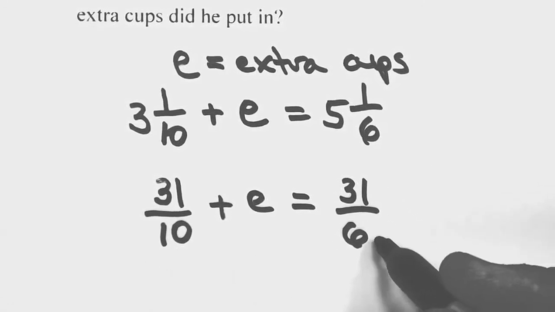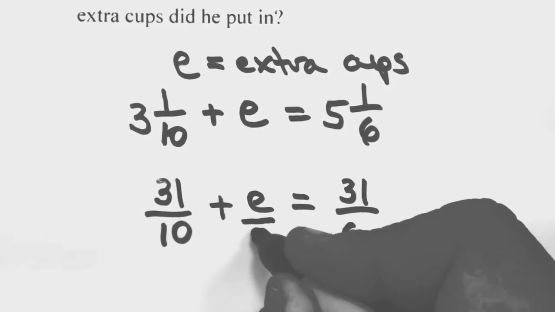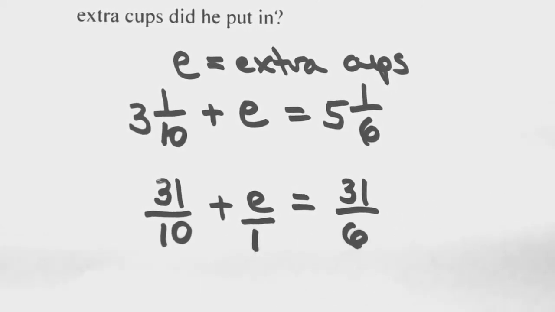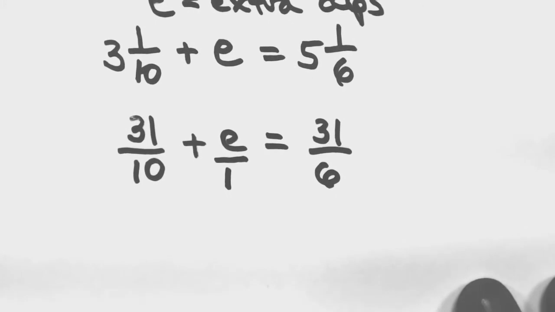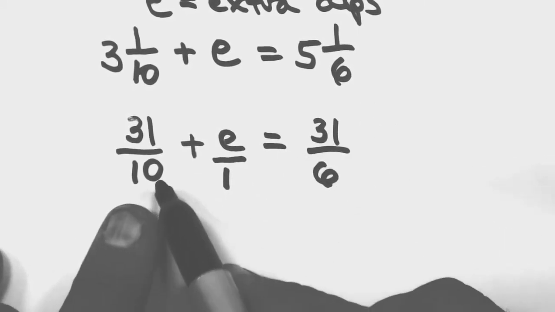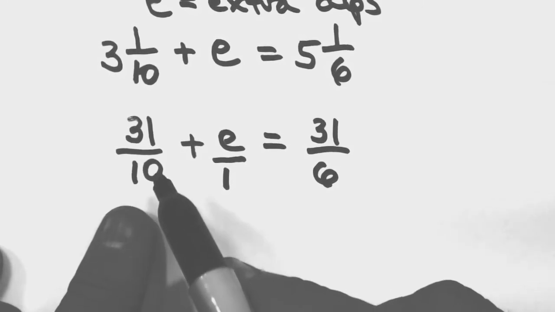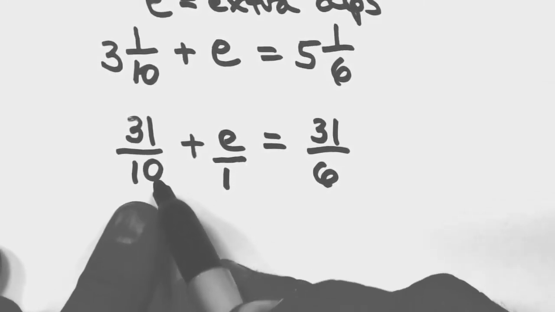Now, we have different denominators here. I'll make a fraction out of this guy just to keep us honest as we go on here. Let's clear the fractions out. So what we need to do is figure out what the LCD is. Again, work with the largest denominator simply because you get the answer quicker. We're going to think of the multiples of 10.